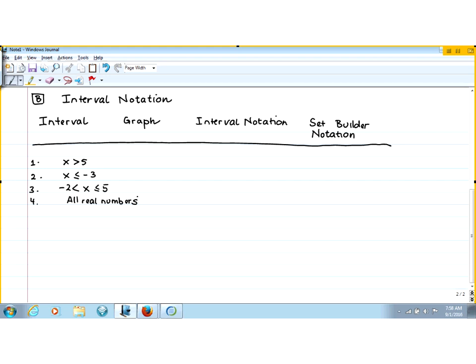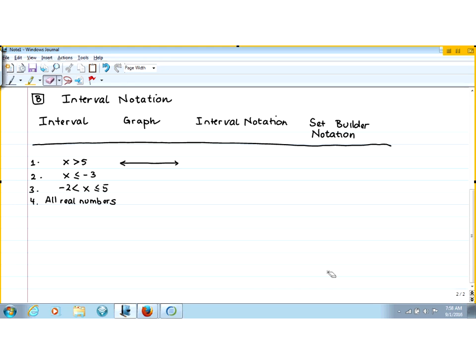All right. So I'd like to graph these on the number line. Actually, let me move this a little bit. Okay. So how do I graph it on the number line? X is greater than 5. So 5.